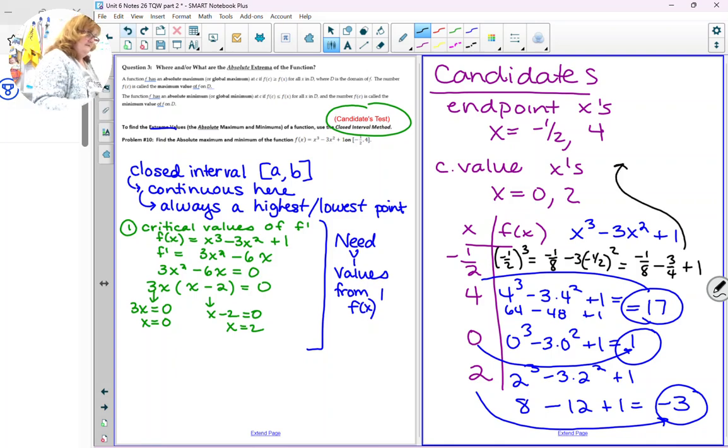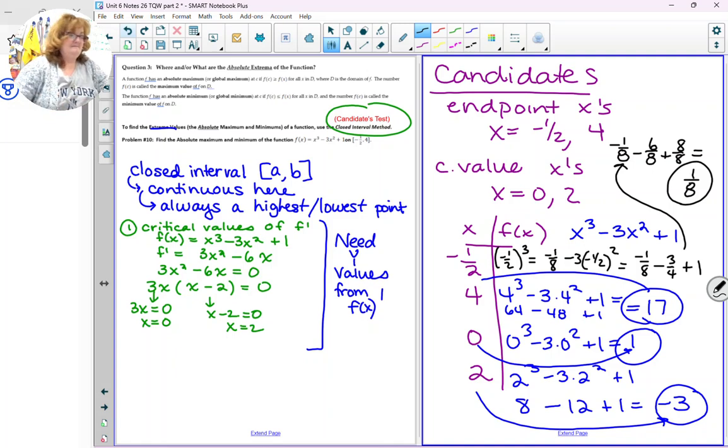I'm going to come up here and finish that arithmetic. So negative 1/8 minus 6/8 plus 8/8 is 1/8. Not our min, not our max, neither.